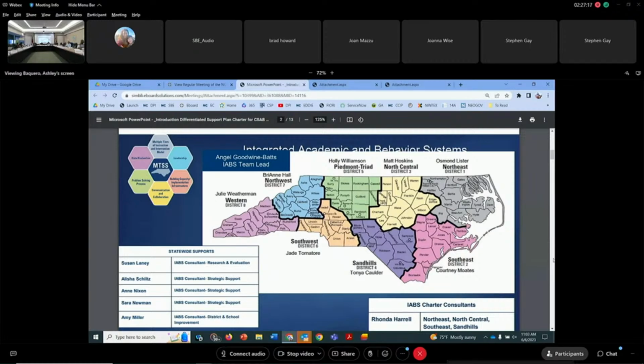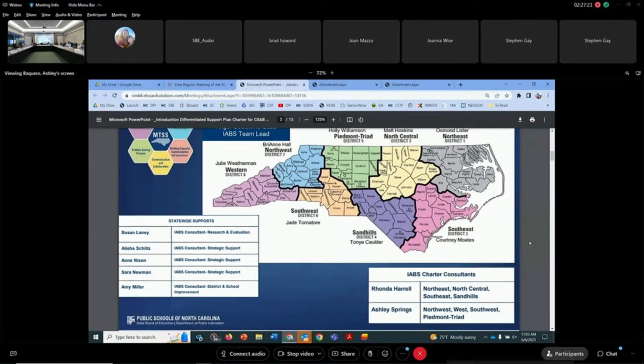We have the 2 amazing IAPS consultants dedicated solely to supporting charter and non-traditional PSUs across our state who were introduced to you earlier. Rhonda provides support in the East and Ashley provides support in the West. Their role is to assist charters in installing all components of a successful MTSS framework for school improvement. Finally, we have 5 statewide consultants that provide specific strategic support, as you can see here.